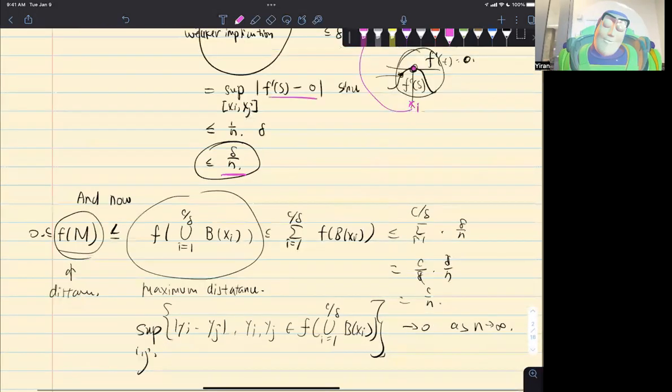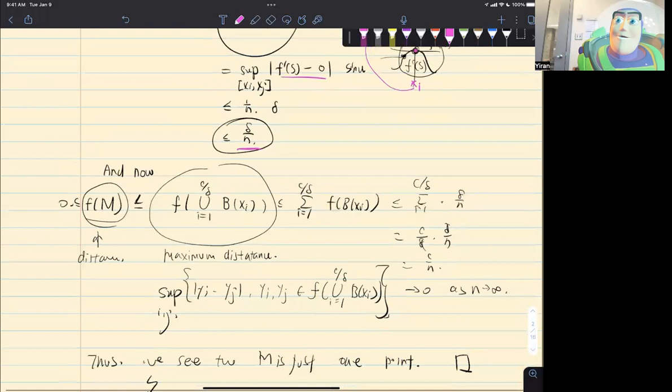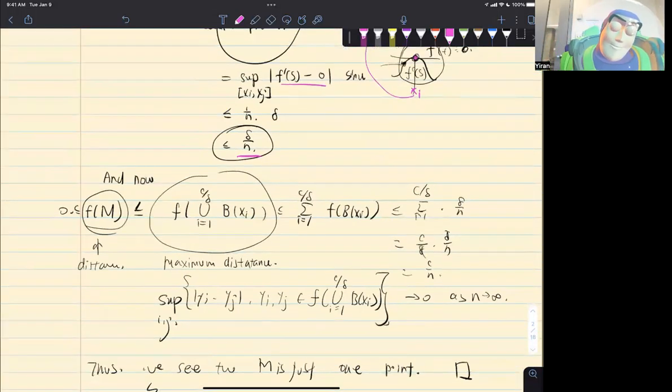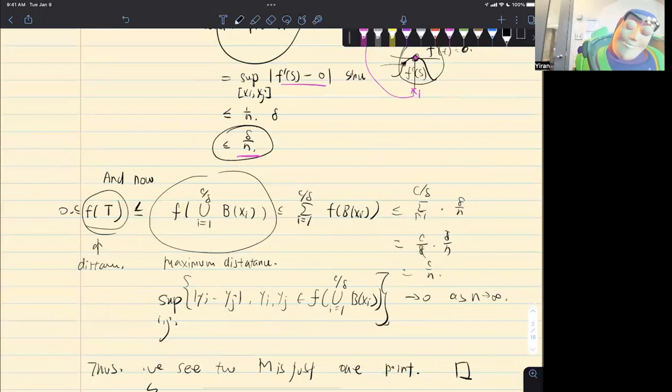Okay, and now we're going to show what exactly is the contradiction. So the contradiction here: if we have f of I is smaller or equal than, notice that we form a cover, right? Actually, here it is not m, here it is I. So I is the interval that we assume is containing m.